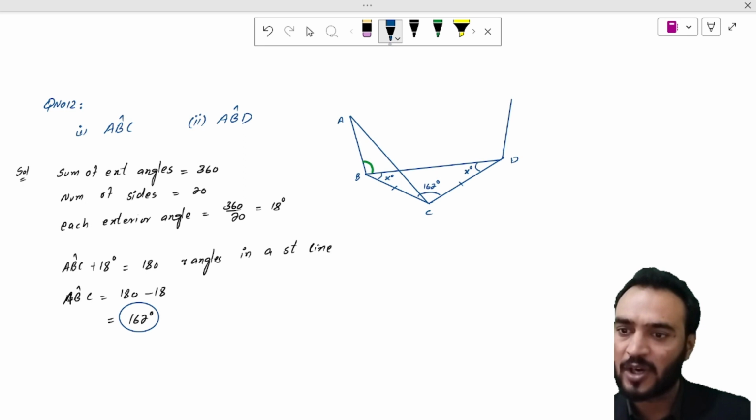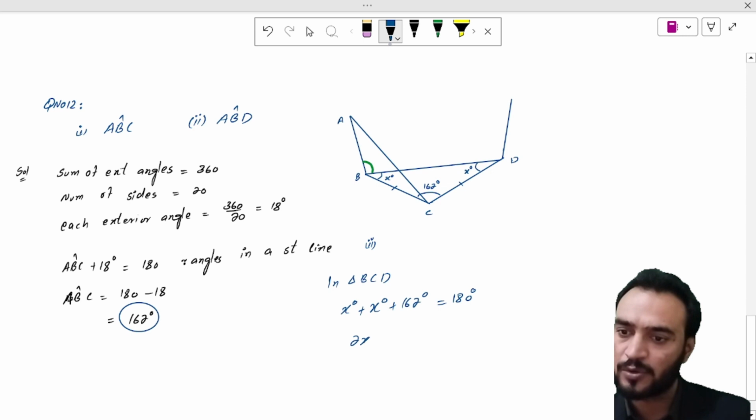So in triangles, we are solving part 2. In triangle BCD, the sum of interior angles is x degrees plus x degrees plus 162 degrees is equal to 180 degrees.